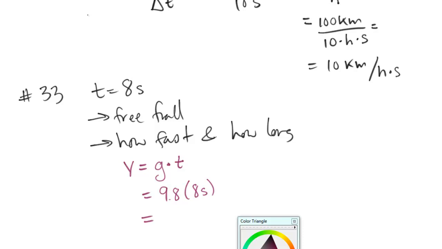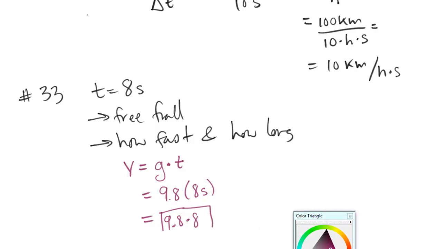And whatever 9.8 times 8 is, okay, meters per second squared. Don't forget the units. And how far? Remember, this is just going to be the distance equals 1/2 times the acceleration times time squared.